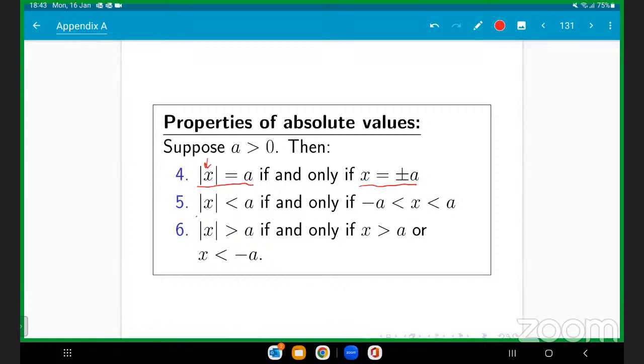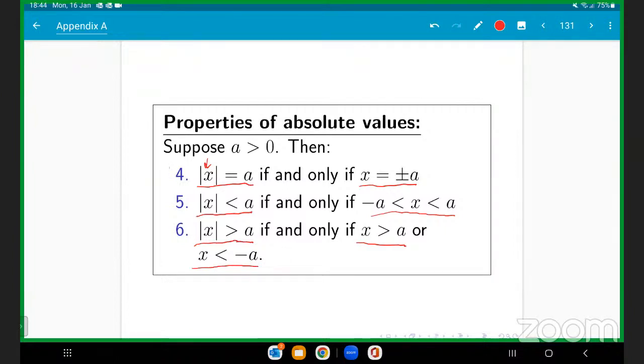Number 5, if we have the inequality, the absolute value of x is less than a, then this is true precisely when x lies between minus a and positive a. And finally, if the absolute value of x is bigger than a, this is true precisely when either x is bigger than a or x is smaller than minus a.